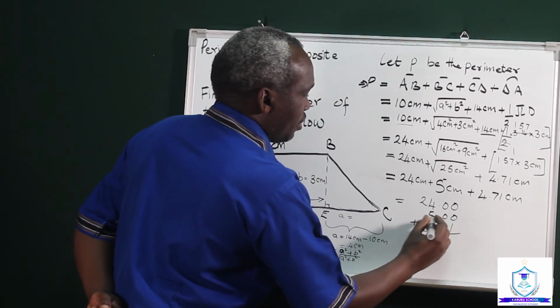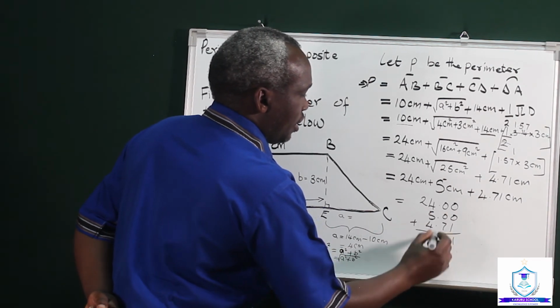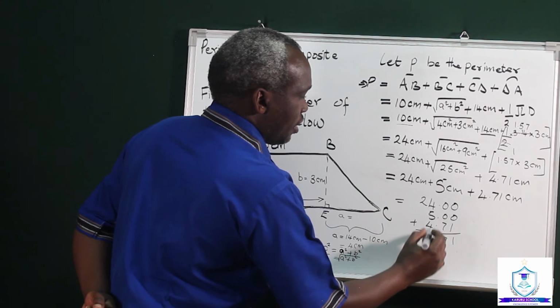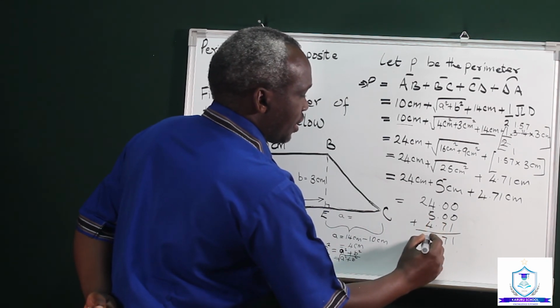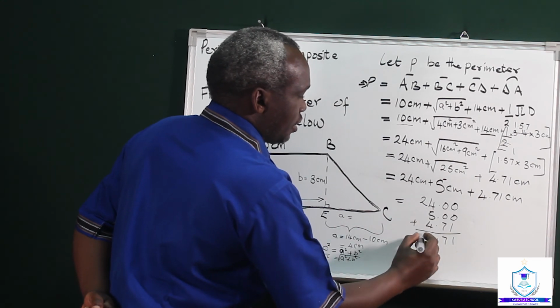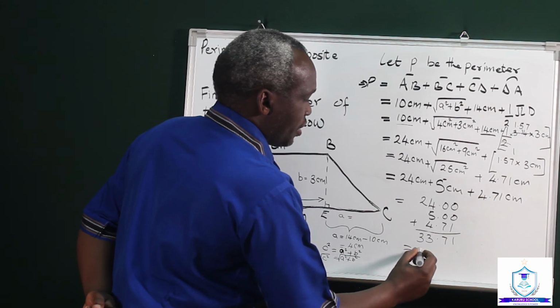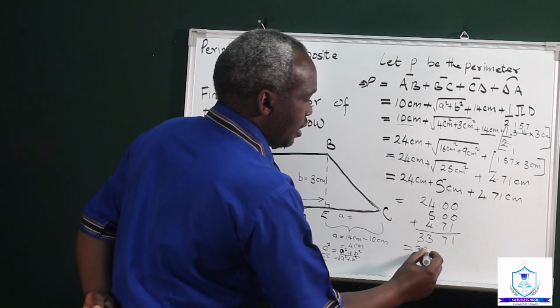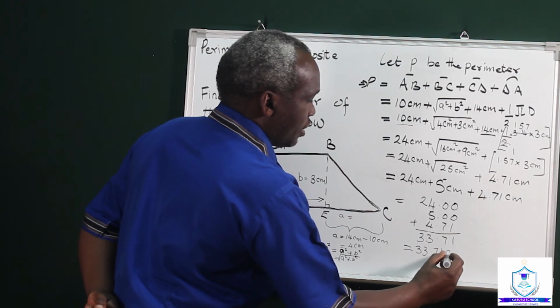Then you add all this. This will give you 1, then 7, then 4 plus 5 gives us 9, plus 4 gives us 13, and this gives you 3. So our answer now becomes 33.71 centimeters.